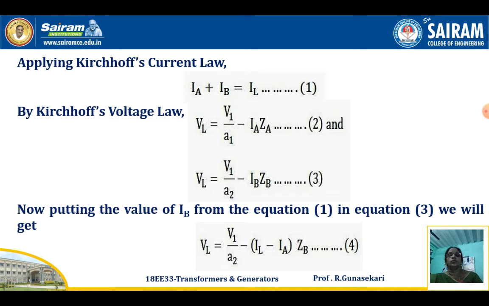Applying Kirchhoff's voltage law to the circuit, VL equals V1 divided by A1, which is nothing but V2, the secondary voltage of transformer A, minus the impedance drop of transformer A, IA into ZA. Then VL equals V1 divided by A2. This term represents the secondary voltage of transformer B minus the impedance drop IB into ZB. So these are equations 2 and 3.